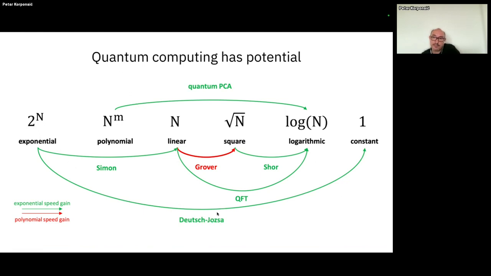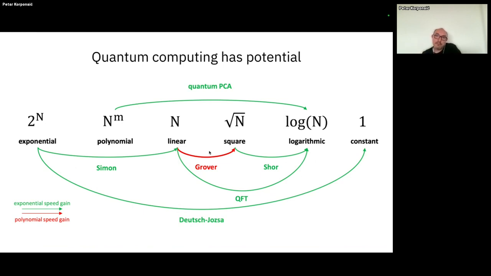So this is the most extreme example, and there are other less extreme examples, for example, the Simon algorithm, Grover search, quantum Fourier transform, and so on. We have speed up. So quantum algorithms are offering speed up over classical algorithms.